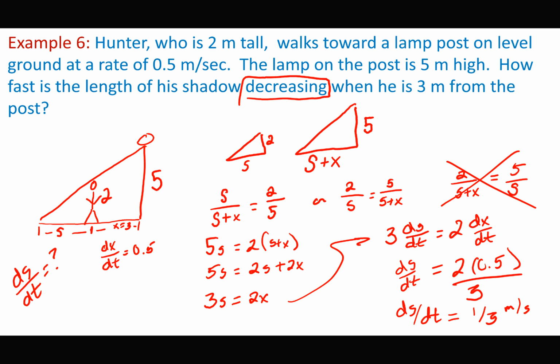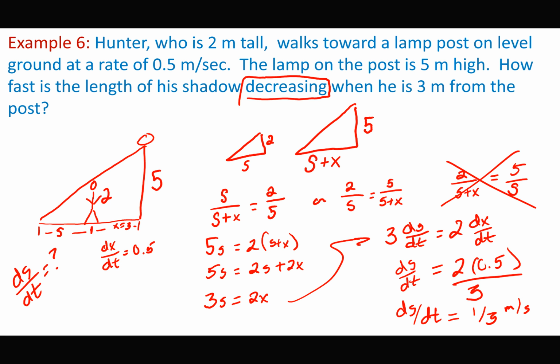I mean it should be implied, because if you just wrote 1/3 meters per second, that's a positive number, and so really you're saying it's increasing. But don't say decreasing at a rate of -1/3, because that would be counterintuitive. So be careful on this one.